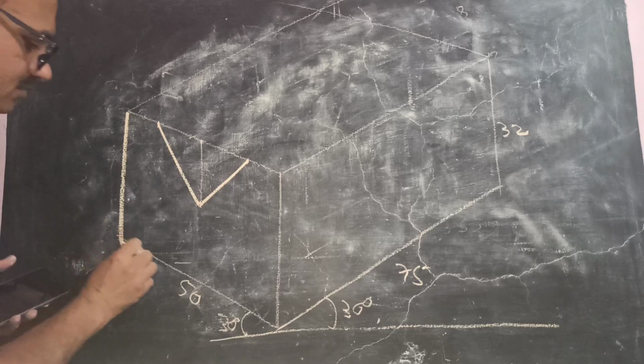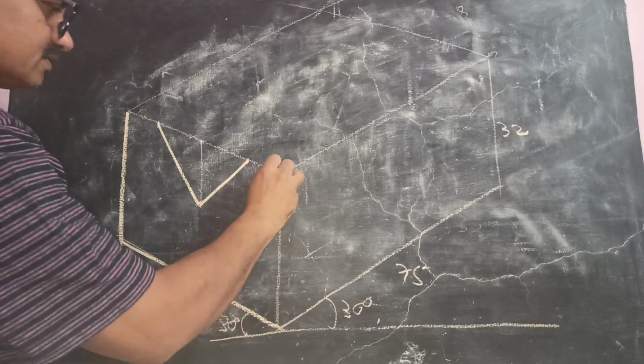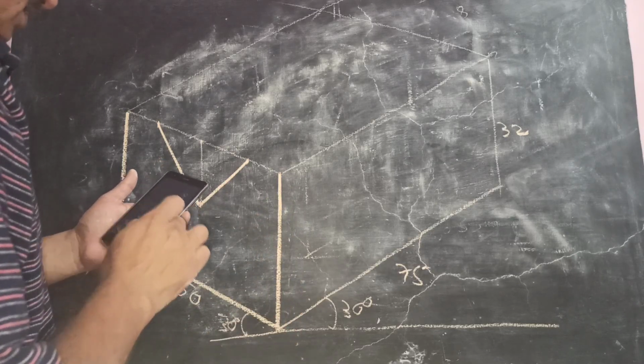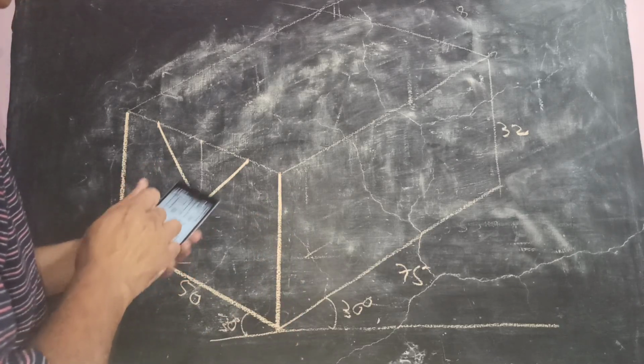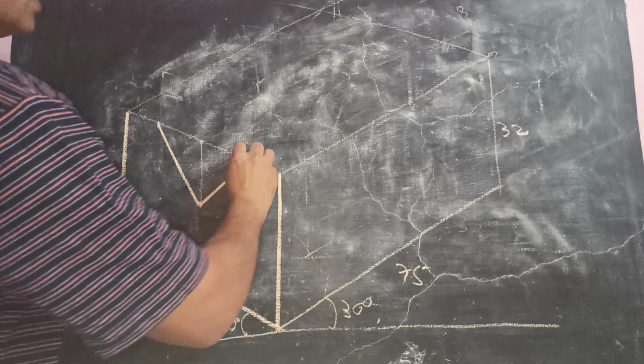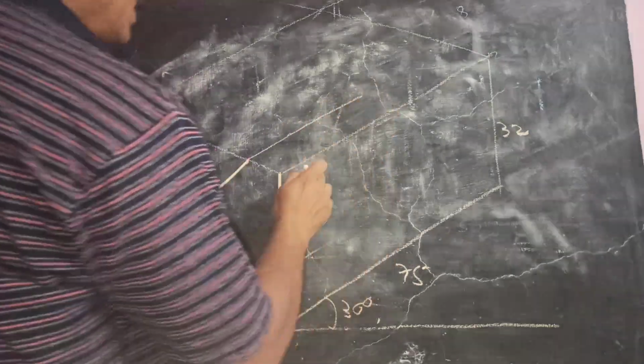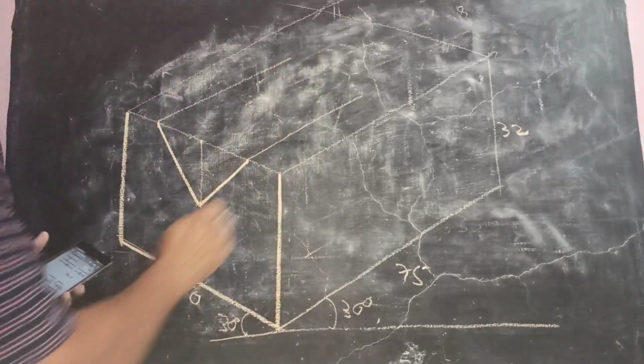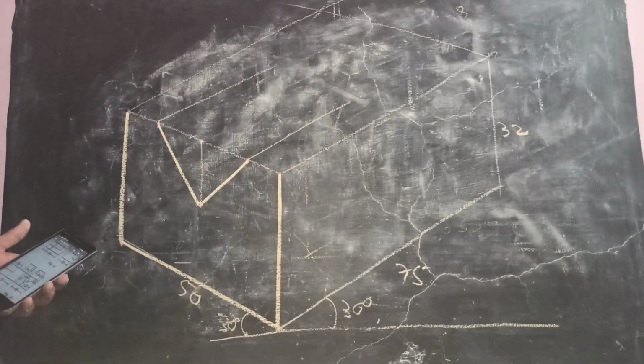Now this V groove has a length equal to 36. So from here, draw a line of 36 mm parallel to this. Draw a line of 36 mm parallel to this. So both will be 36.